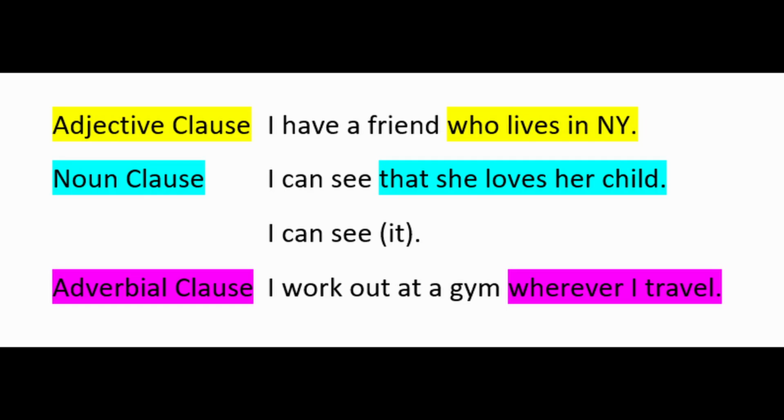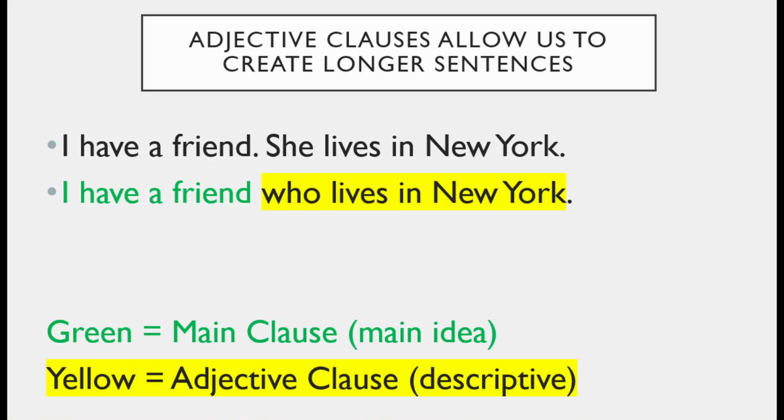All right. So again, you combine smaller sentences into a longer sentence using an adjective clause. Let's look at this sentence. I have a friend who lives in New York. Do you see that? I put in green the main clause. I have a friend. That's the main idea. Yellow is the adjective clause. It's descriptive. Who lives in New York? I have a friend who lives in New York.